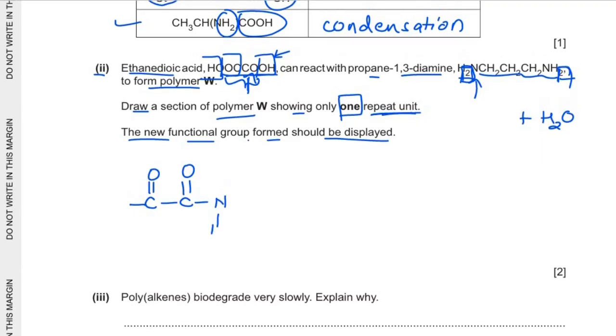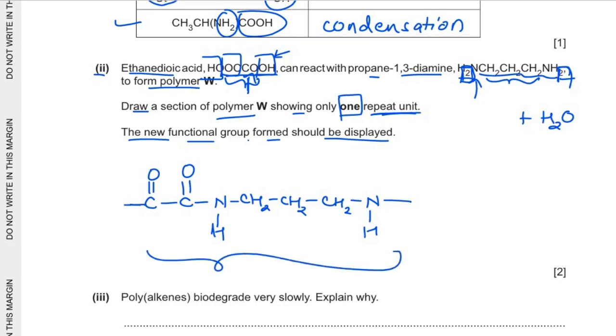So this is the NH group here with the propyl chain in between, that is CH2, CH2, CH2, and again the NH group here. So this is how it's going to form a polymerization, and you can see this is the one repeat unit. Now from here it continues as such. Again, it gets repeated.